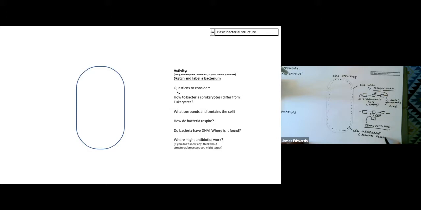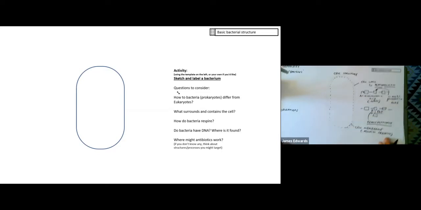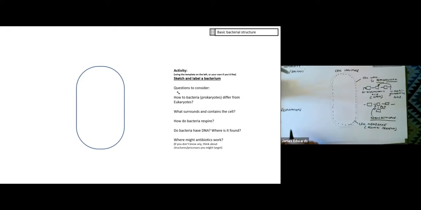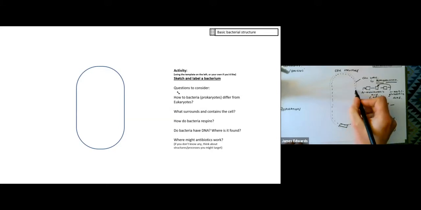As a flip side, the cell wall is usually present, but not all bacteria have a cell wall. The cell membrane is always there. The cell membrane is a lipid bilayer in which we'll find the respiratory complex. So bacterial respiration takes place here.